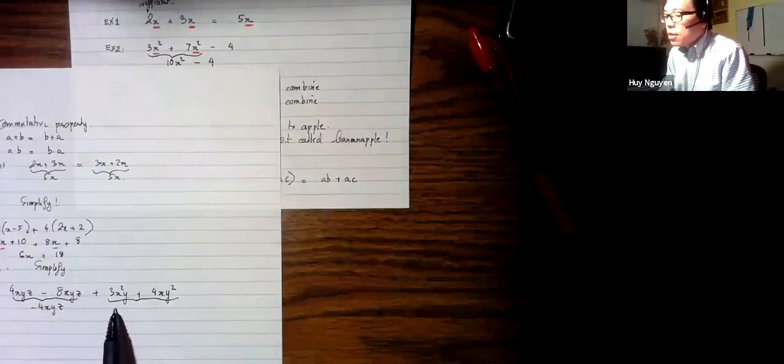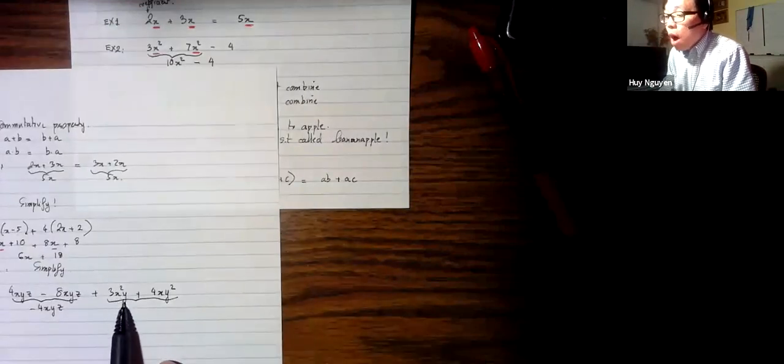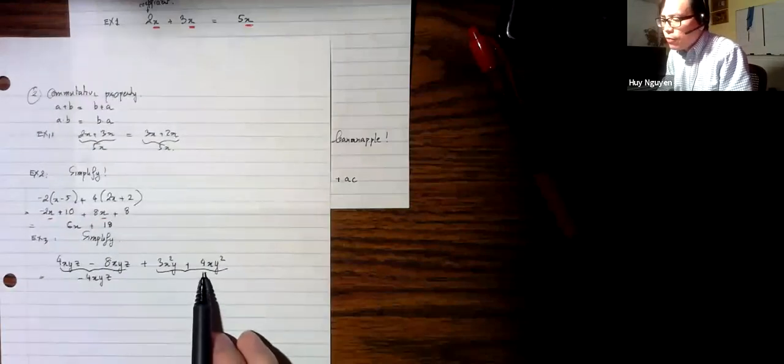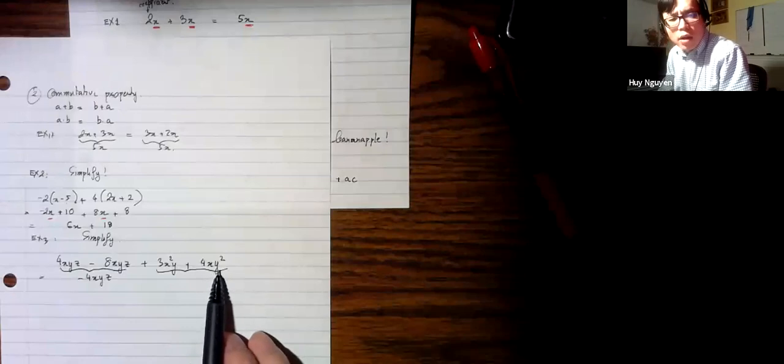Now, let's take a look at these two terms and check whether they have the same denomination, whether they are similar terms or not. On the third term, we have 3x squared y, but on the fourth term, we have 4xy squared. Do you think that is similar or different?